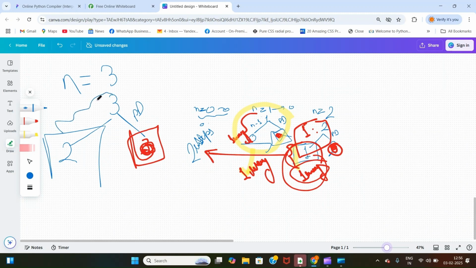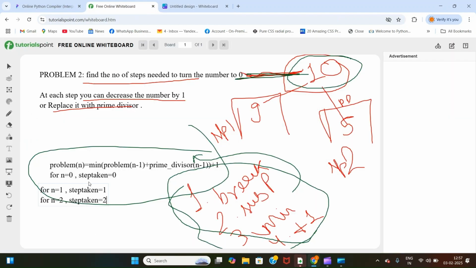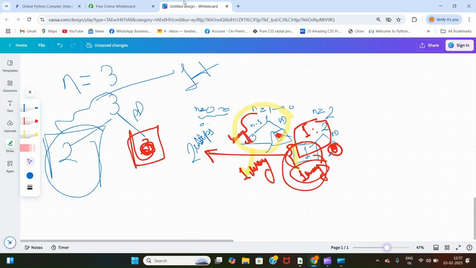For this the depth is 1, so this is my 1 plus the solution of the 2. And the solution of the 2, what did we get from here? The solution of the 2 was that the number of steps is equal to 2. So for the 3 I will be doing 1 plus 2.